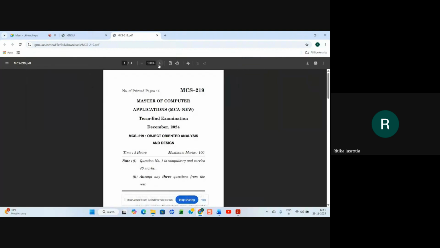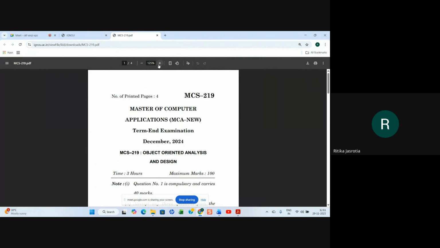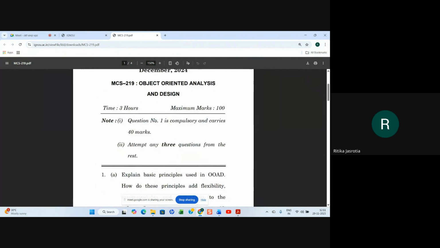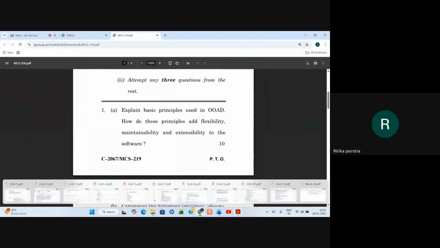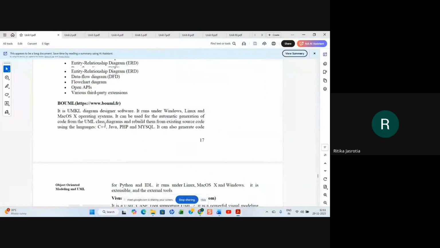So this is your December 2024 paper, right? Again, the same thing. Question number 1 will be compulsory and attempt any three. Here it is: explain basic principles used in OOAD. The principles are abstraction, encapsulation, inheritance, and polymorphism, which were in your first unit.